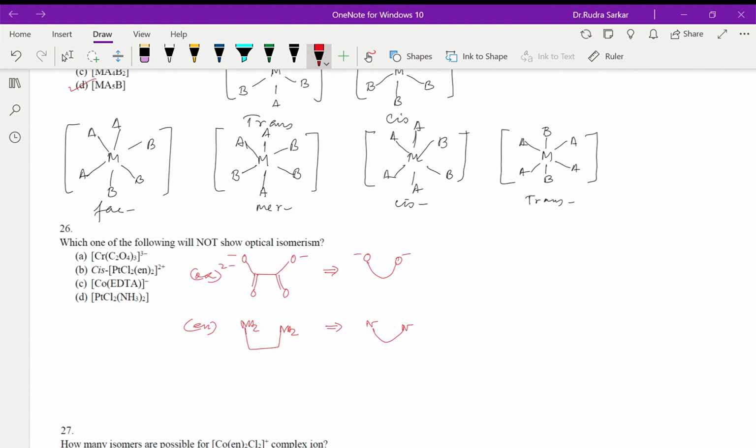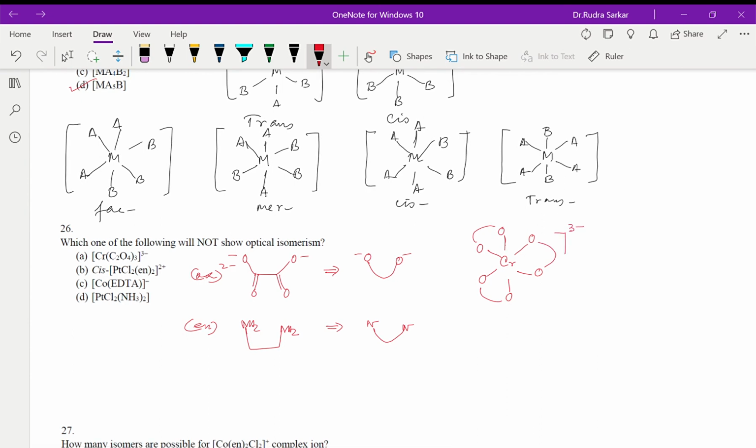It says, which of the following will not show optical isomerism? If you are having chromium, the idea is to place all the O in the octahedral positions. So we have it like that, and like that. Charge outside the complex will be 3.